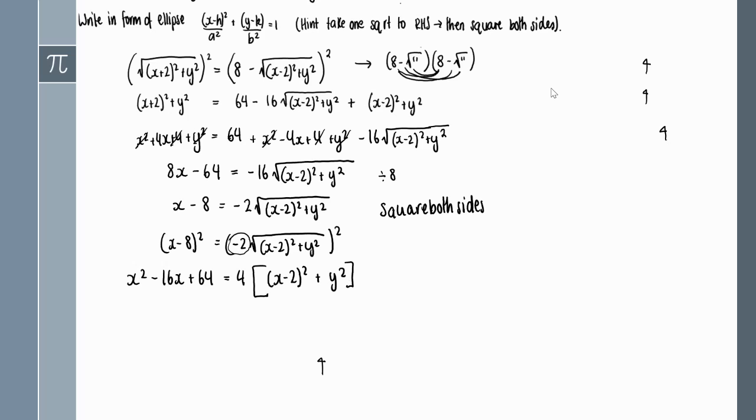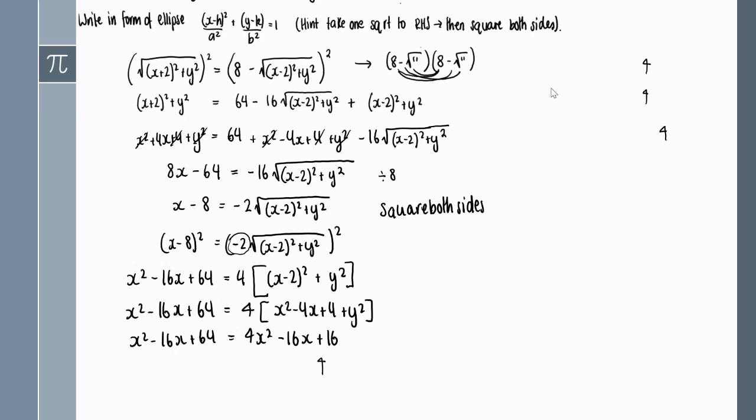When you square something that's got a square root sign, the square root will disappear and you'll be left with whatever's underneath. So (x minus 2) squared plus y squared. I'm going to expand that now. And then remember, multiply everything on that right-hand side by the 4. So I'll get 4x squared minus 16x plus 16 plus y squared.